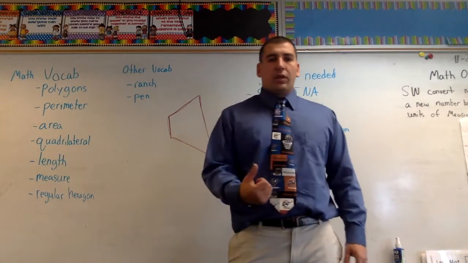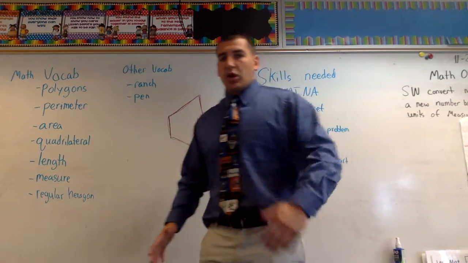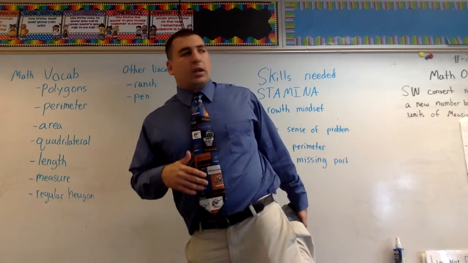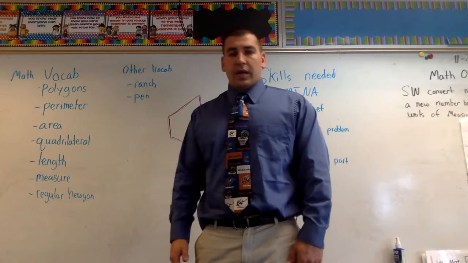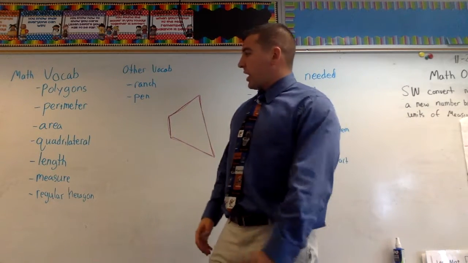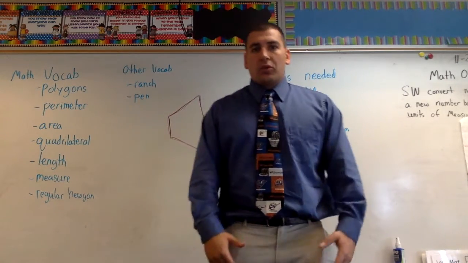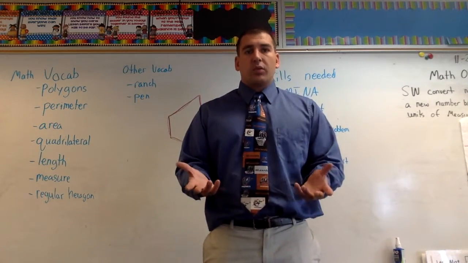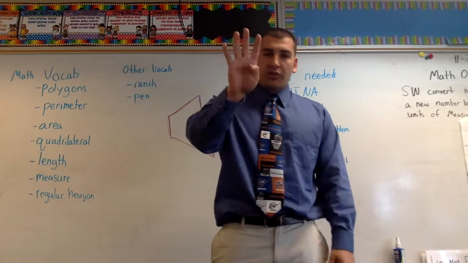Quadrilateral. If we look at that word, just like perimeter, we can break it down into chunks, okay? Right now, I'm stretching my quadricep, and that also has that word quad in there. What does quad mean? Think about the word quadruplet. What does it mean if you have quadruplets? Yeah, you're right, there are 4 kids.